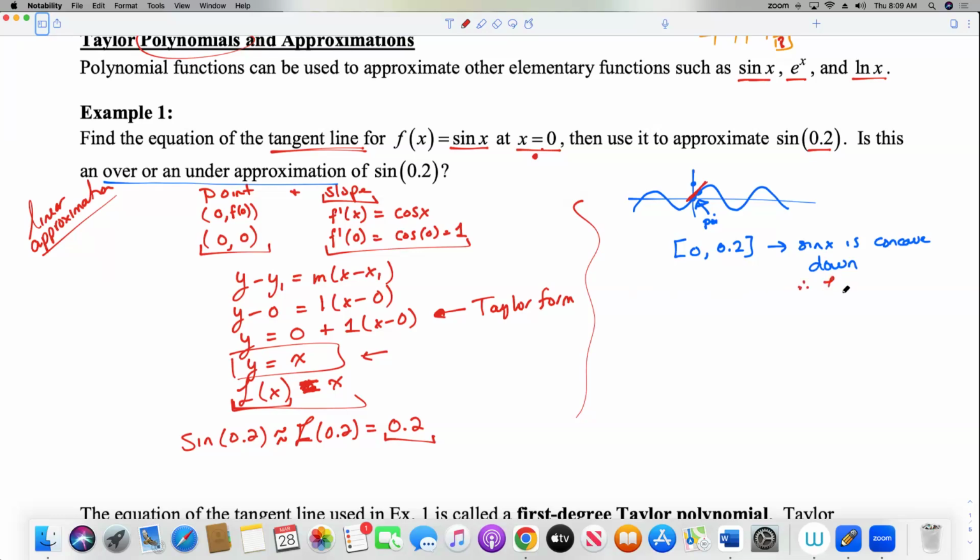So therefore, L of 0.2 is an overestimate.